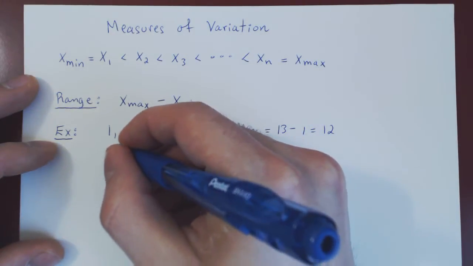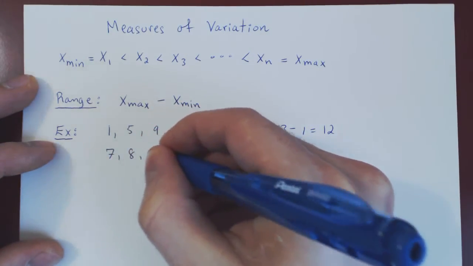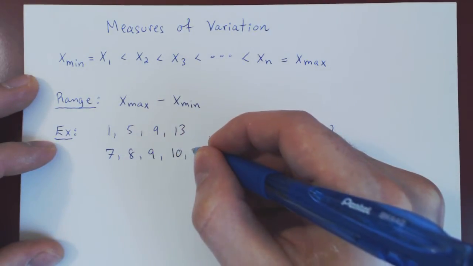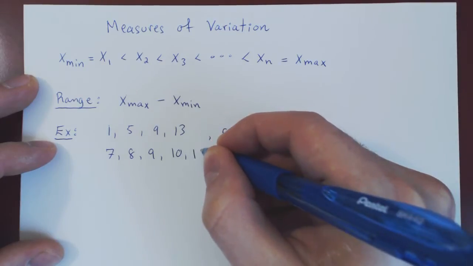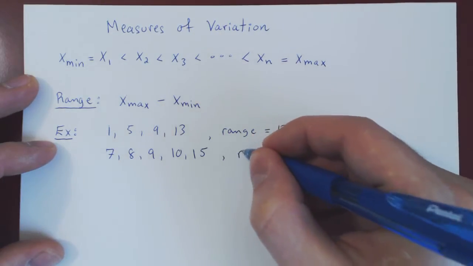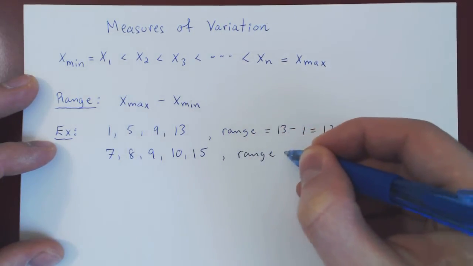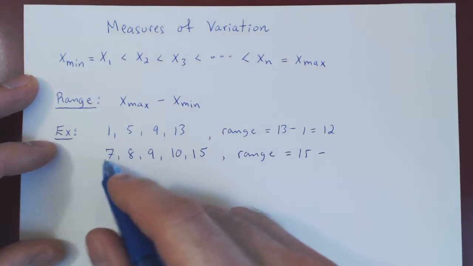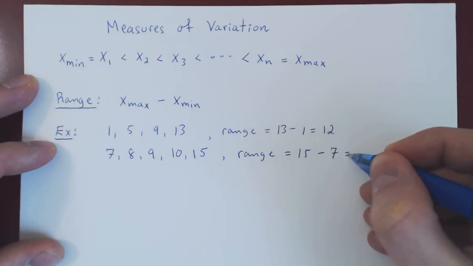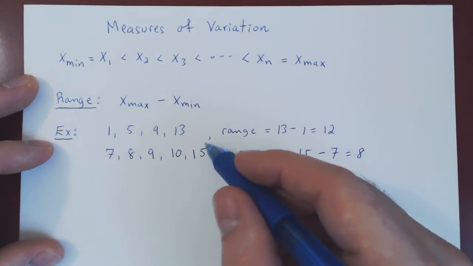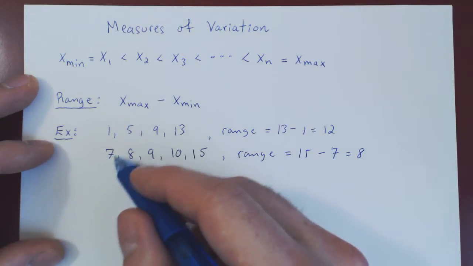If we had 7, 8, 9, 10, let's go with 15, then the range is again the largest value, 15, minus the smallest value of 7, and we have a range of positive 8. That's all it is. Maximum value minus the minimum value.